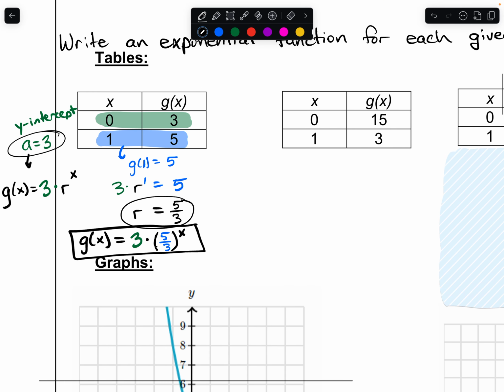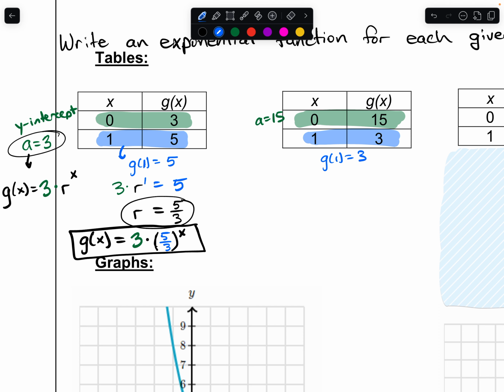All right, let's try another one. Again, we are very fortunate that it gives us the y-intercept. So we know that a is 15 for this problem. And then the second point, it just tells us that g of 1 is 3. Now again, g of 1 can be rewritten, right?